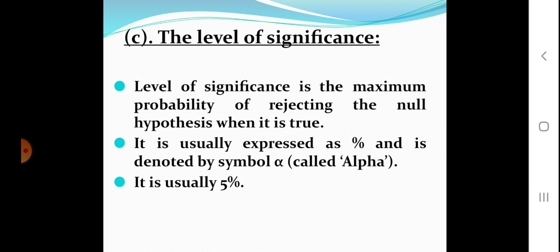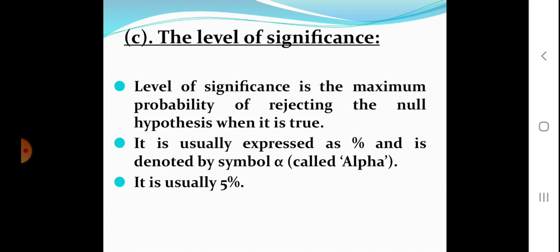In case we take the significance level at 5%, then this implies that H0, the null hypothesis, will be rejected when the sampling result has less than 0.05 probability of occurring if H0 is true. In other words, the 5% level of significance means that a researcher is willing to take as much as a 5% risk of rejecting the null hypothesis when it happens to be true.